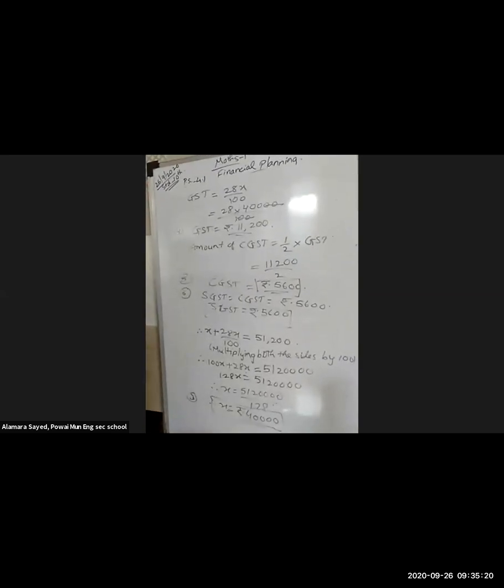So the answer we are getting for CGST, that is number 5, CGST is equal to 5,600. Similarly, SGST is equal to CGST. Therefore, SGST will also be rupees 5,600. So, in this way, we have found all the things that were required in the question.